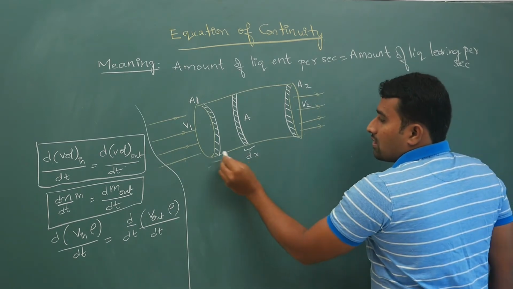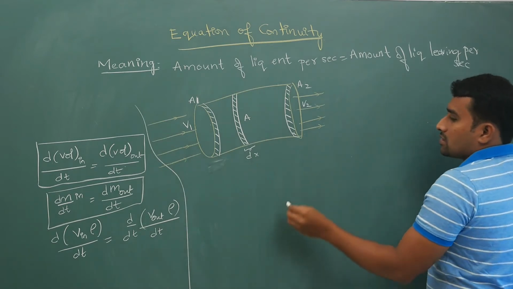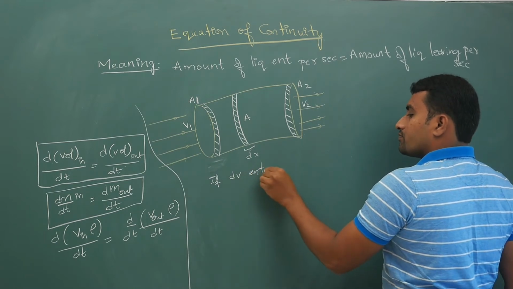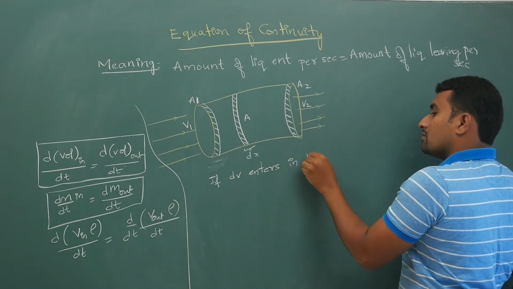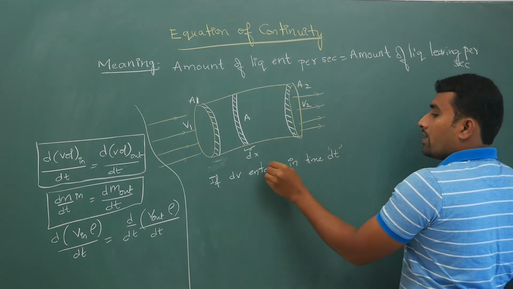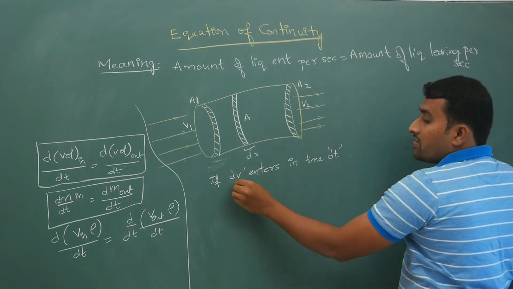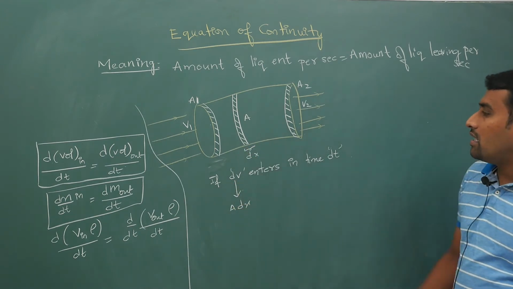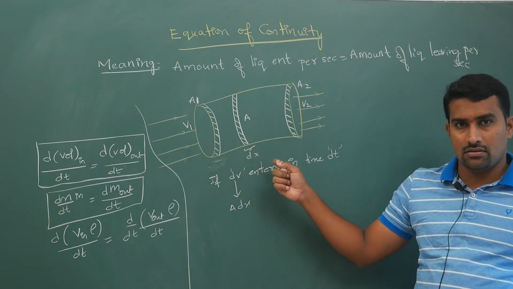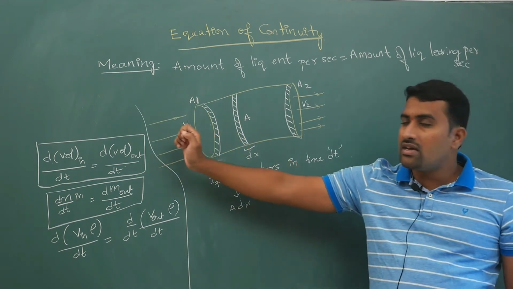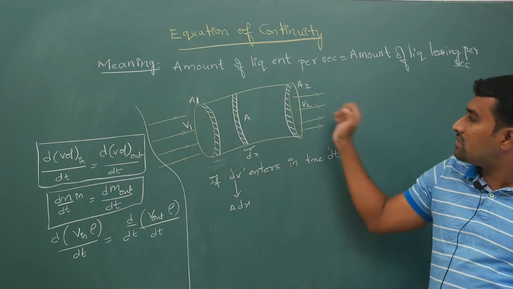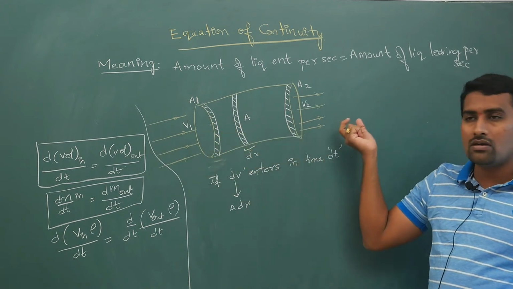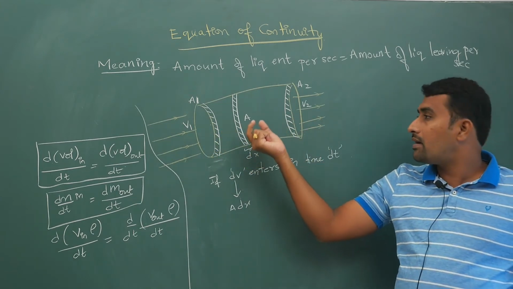If a small volume dV enters in time dt, then dV is indirectly A times dx. The small volume is the area of cross section into dx. Getting my point? Small volume dV is entering, so each dV element that enters, a small volume dV will leave. So what am I doing? I am taking that small volume.